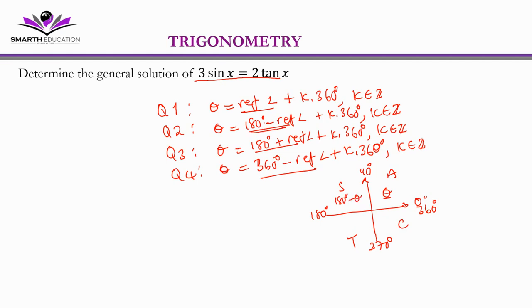In the third quadrant, 180 degrees plus theta, and in the fourth quadrant, 360 degrees minus theta. We're going to use this as we find our general solutions.